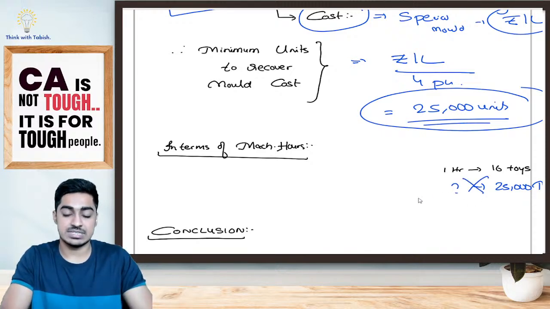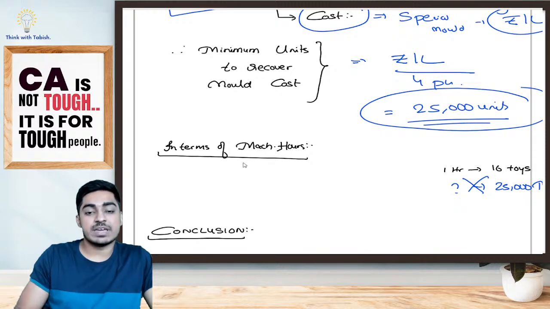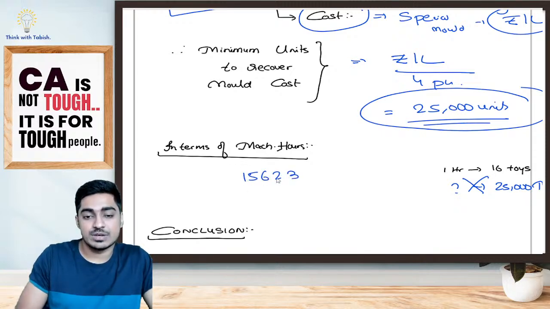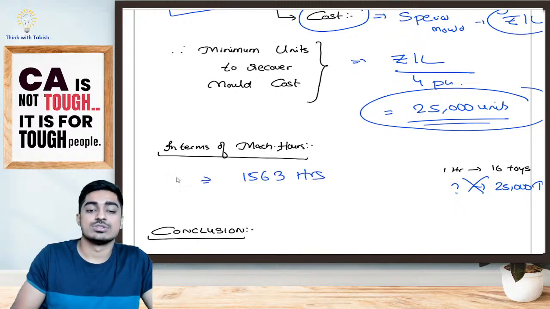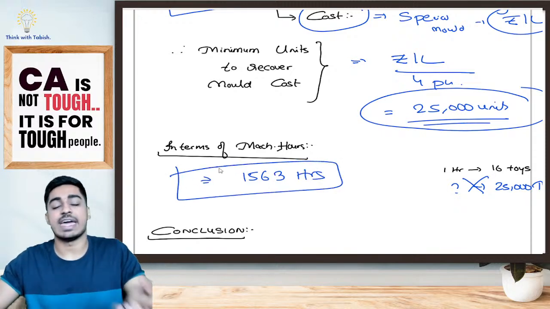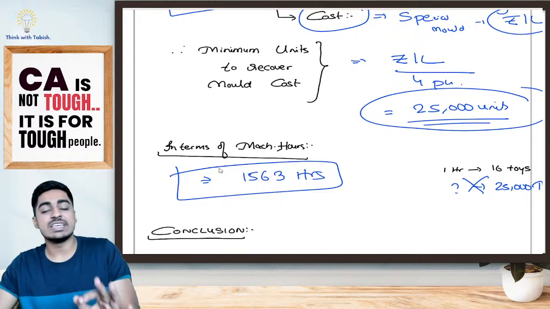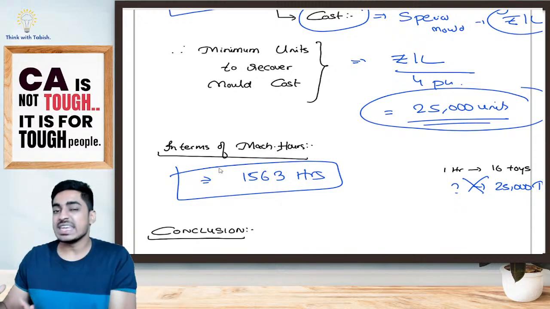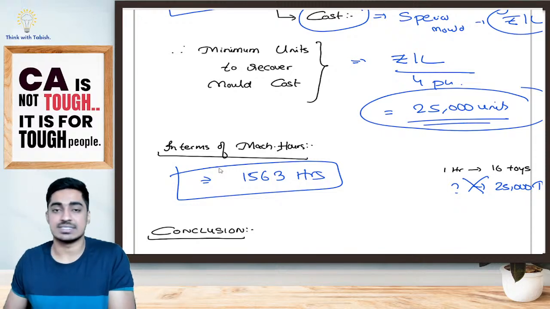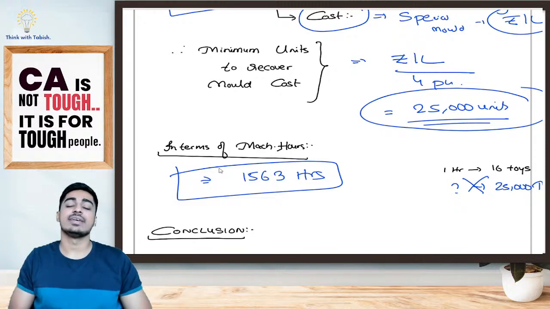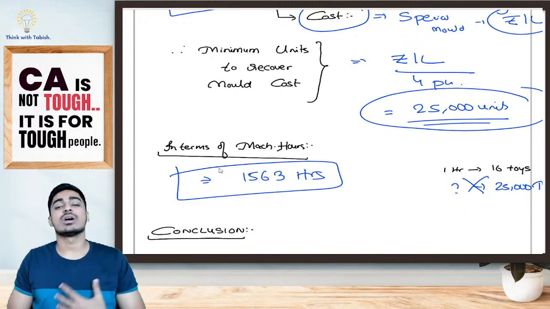25,000 divided by 16 is 1562.5, or about 1560. So if at least 1563 hours of spare capacity is there in our manufacturing plant, then we can do it on our own.